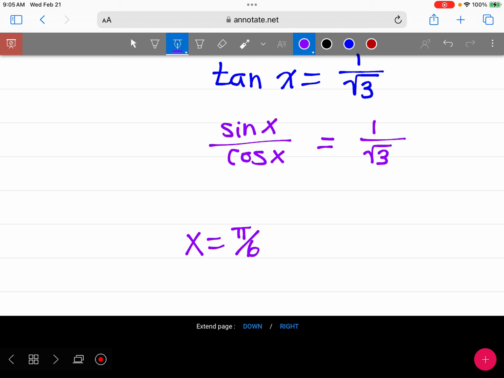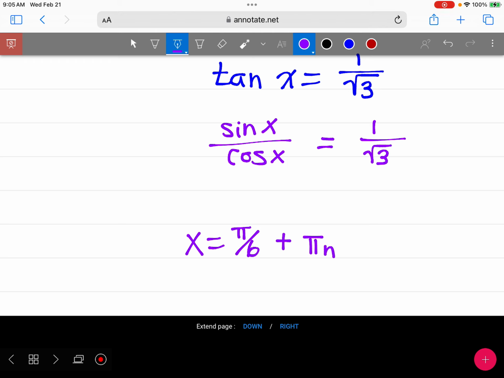So for tangent we only look at the top half. Everything else would have a sign change. So we're not going to have another one, because it's just going to be pi over 6, and then we add our period, pi times n, because we're trying to find all possible solutions. So we need to include that pi n, because that gets us all those coterminals.